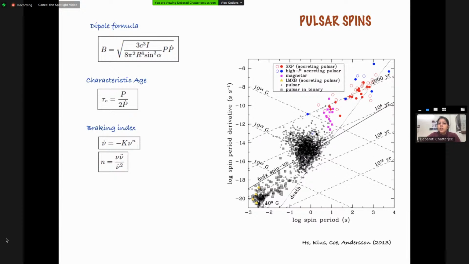From the different clustering of populations of pulsars, we can also understand a little bit about how these are formed. Interestingly, not only are there pulsars and pulsars in binary, which you see around the bottom left corner in this figure, there is also a population around the very extreme values of period and period derivative.